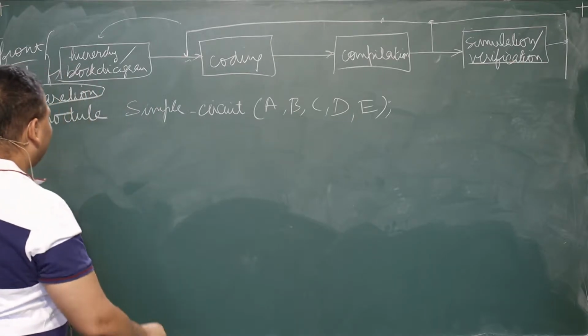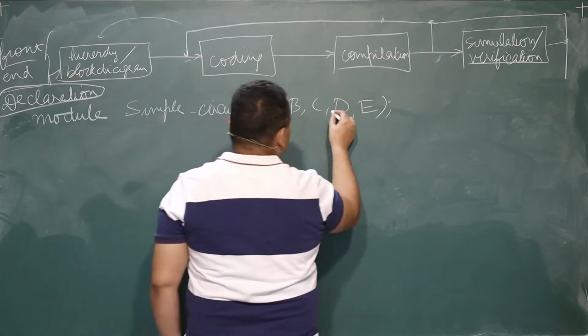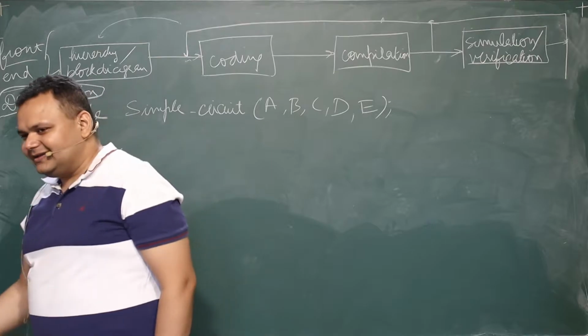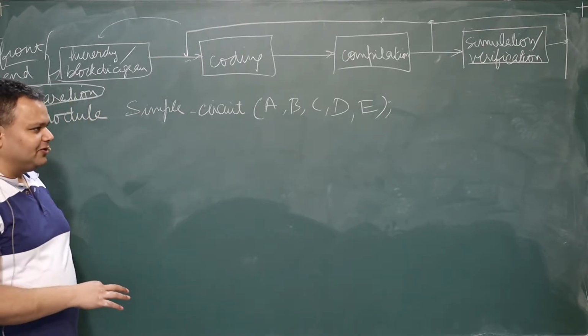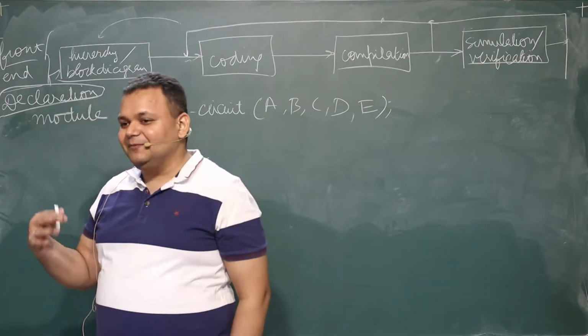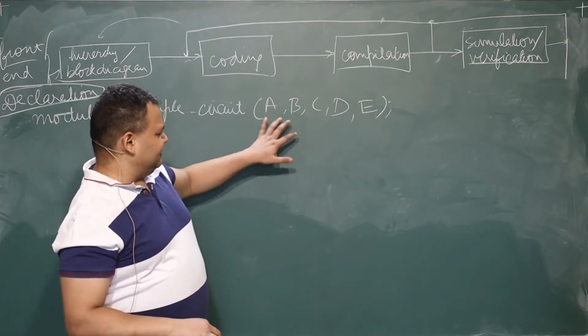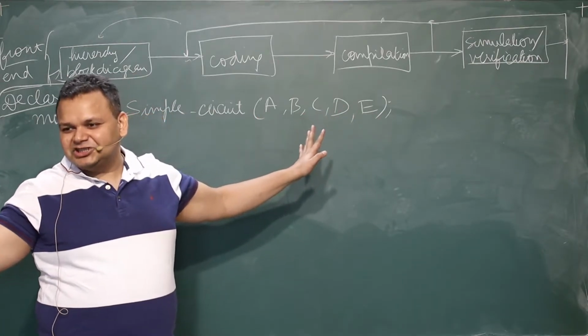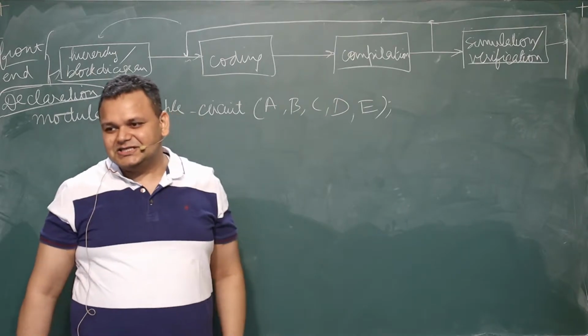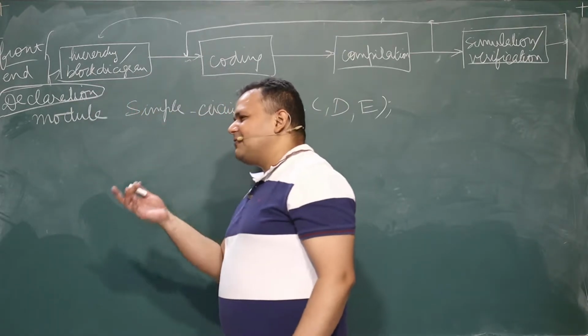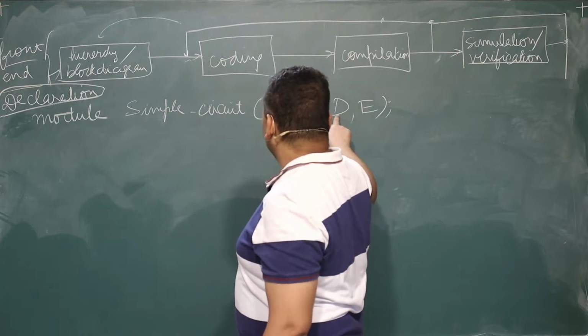A, B, C, D, and E are the inputs and outputs of this particular module. We'll define what the specific inputs and outputs are, but this is pretty similar to a function. In most programming languages you do not have the output present over here, but only the inputs.